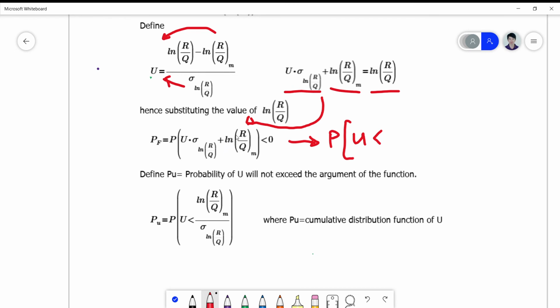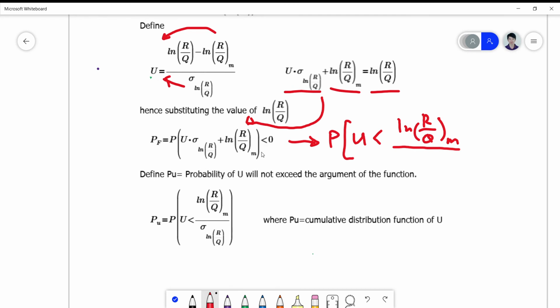That's why we put ln R over Q mean on the right side. So we put this on the right side of 0. So 0 plus this one is actually negative, but I'll explain to you how the negative sign vanishes.